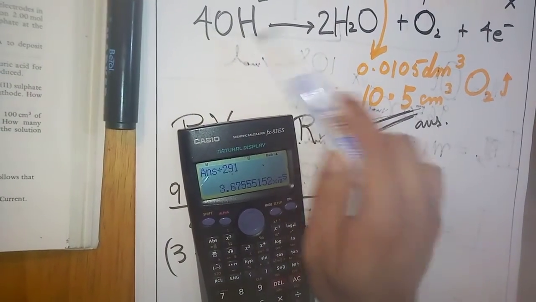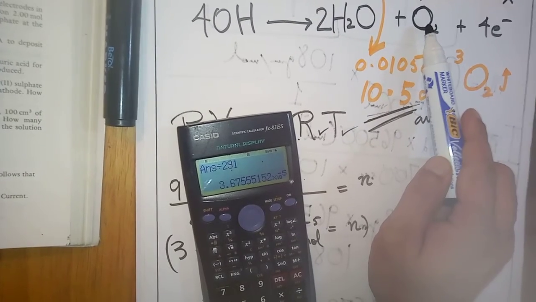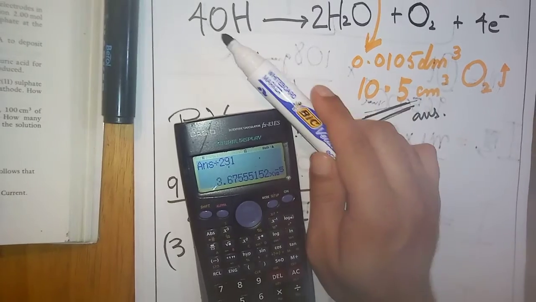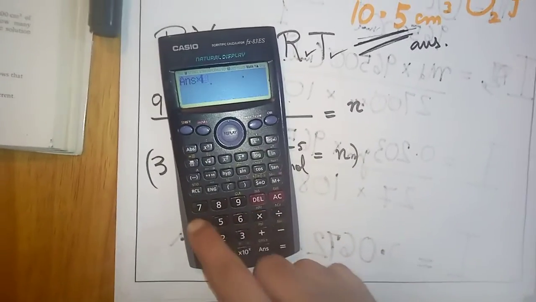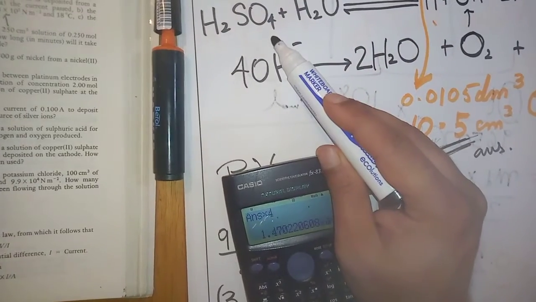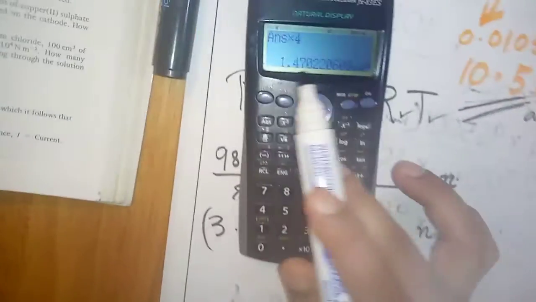So 1 mole is 3.7 times 10 to the power minus 5. So this must be 4 times that. And if this is 4 times that, that'll be 1 mole. So this is how many moles of sulfuric acid there were.